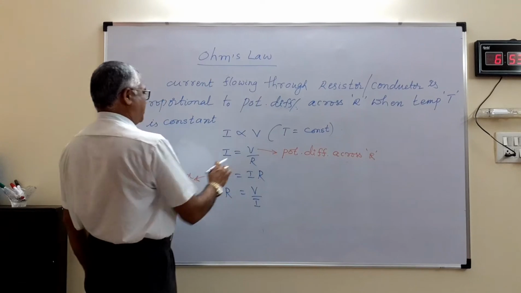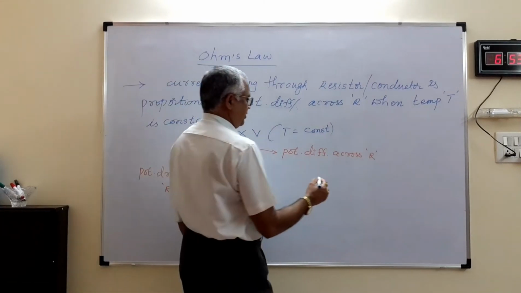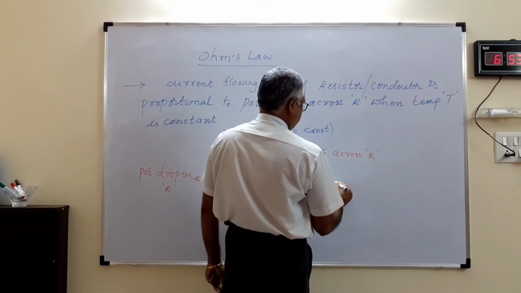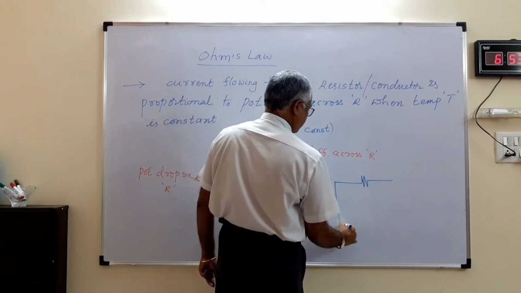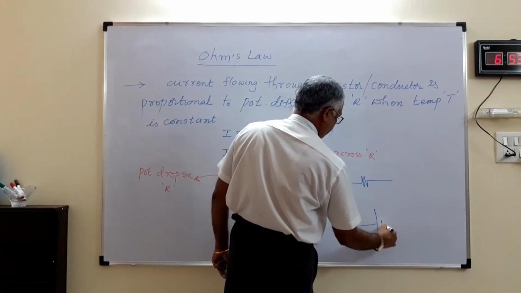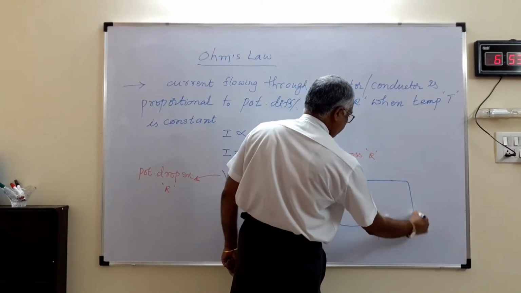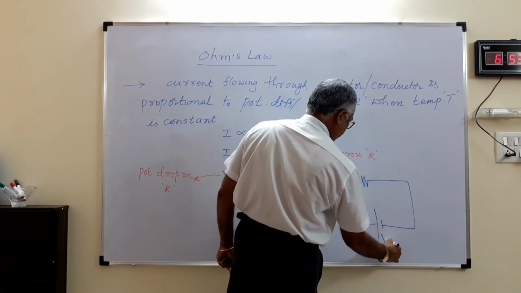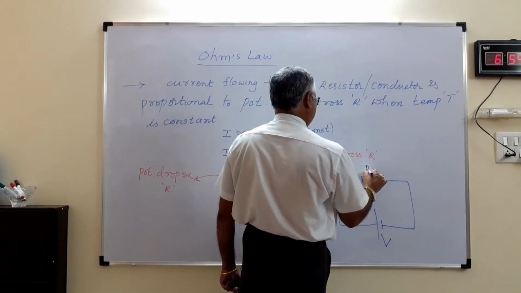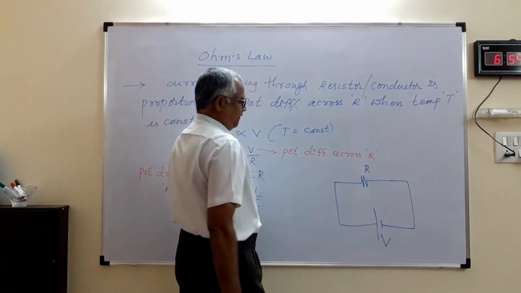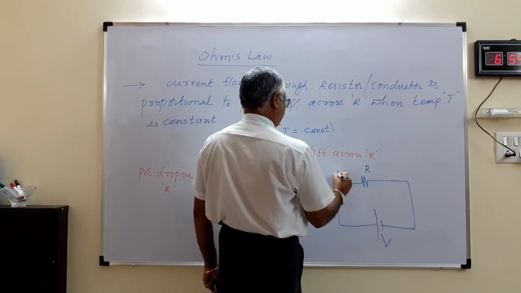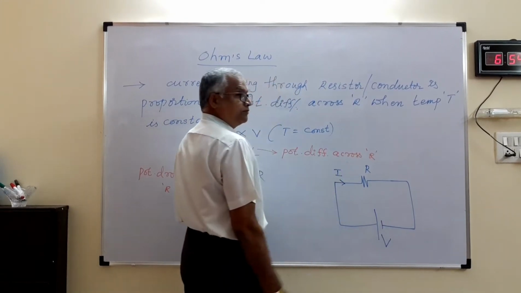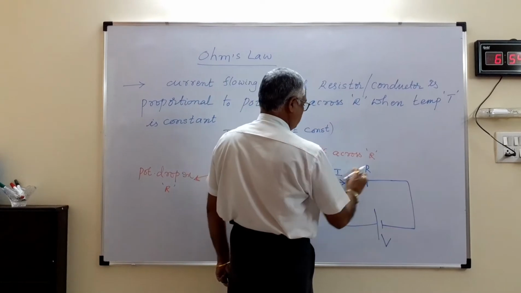So how to understand the difference between these two? Let me take one single element, resistor R, applying voltage source of V. Now current I will flow because the loop is closed.